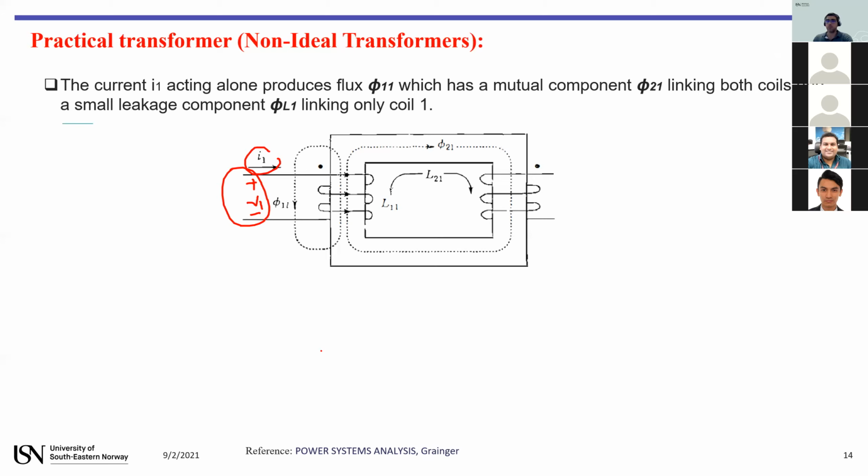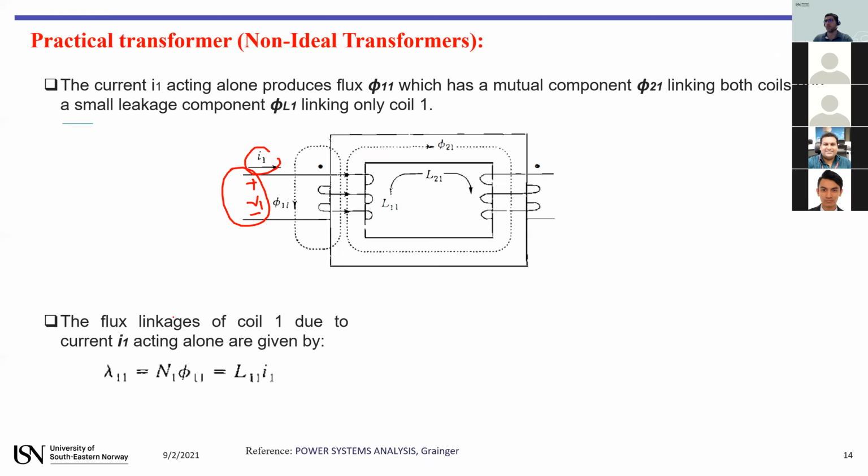According to this background, we can write the flux linkage of coil 1 due to the current I1. We have just one current. Remember, we call it linkage flux.